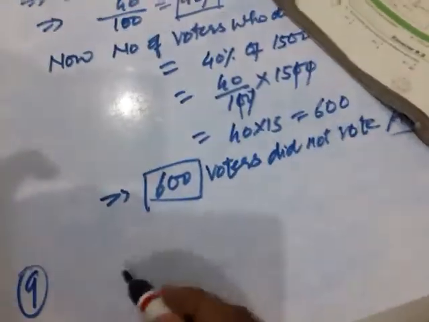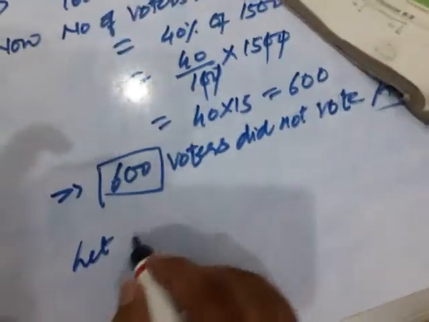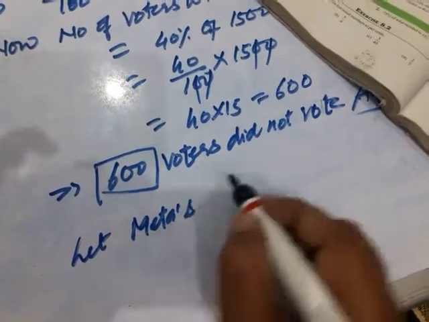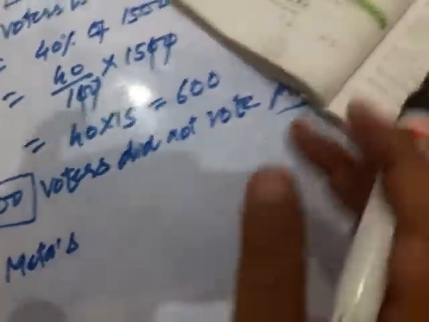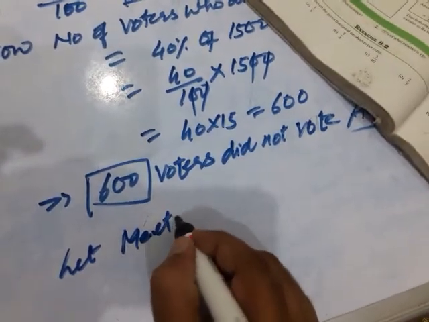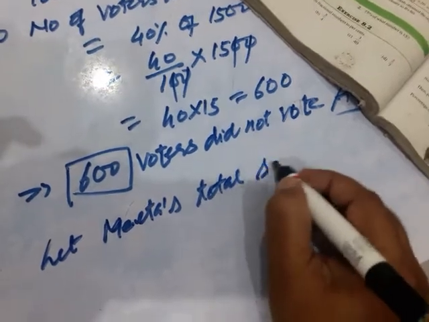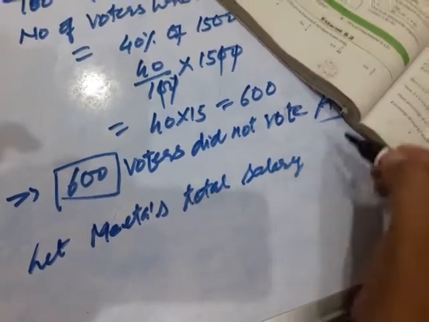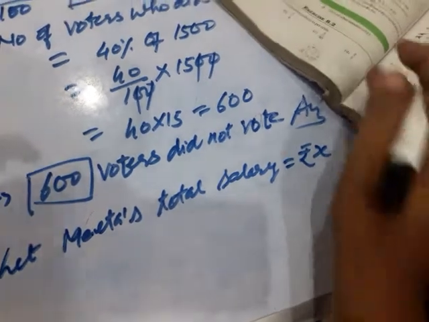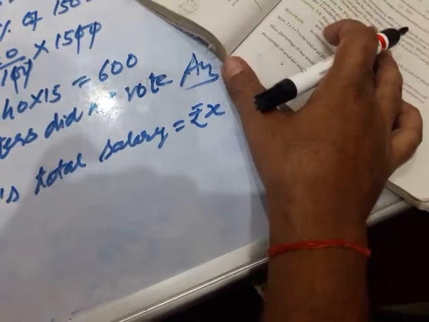Let Meeta's total salary equal rupees X. Clear? And Meeta saves rupees 400 from her salary.